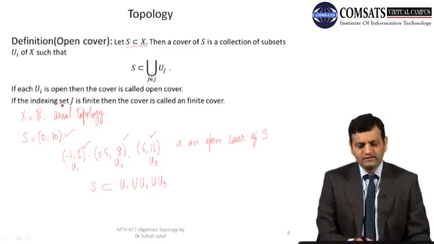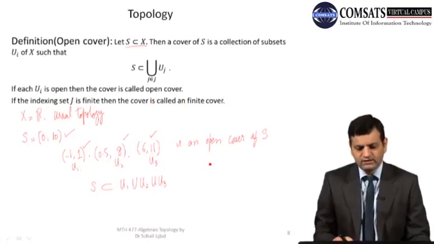And if the indexing set J is finite, then the cover is called a finite cover. In this case, the indexing set J is equal to {1, 2, 3}, because there are only 3 elements in the cover. So we can say that this indexing set J is finite.